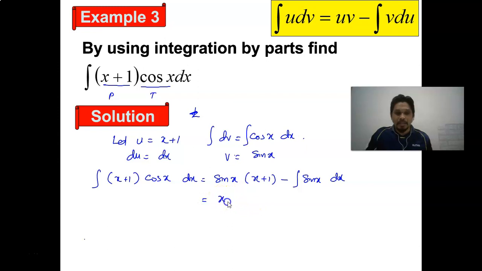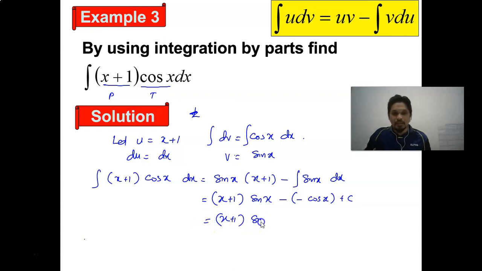So then x plus 1 multiplied with sine x minus the integral of sine. The integral of sine is negative cos, plus c. So then x plus 1 sine x, negative times negative is positive, cos x plus c.